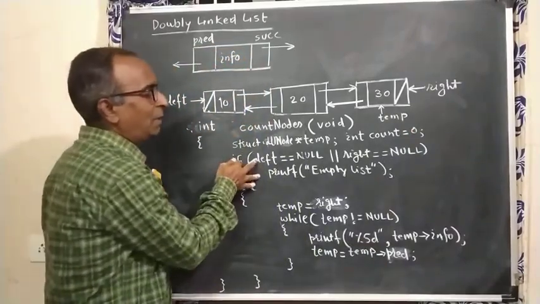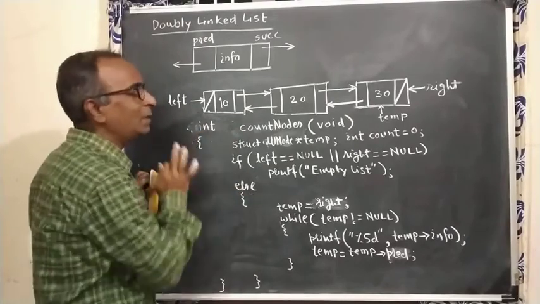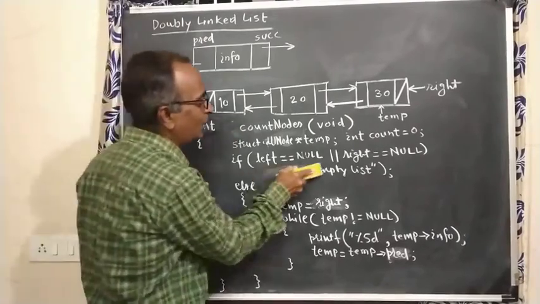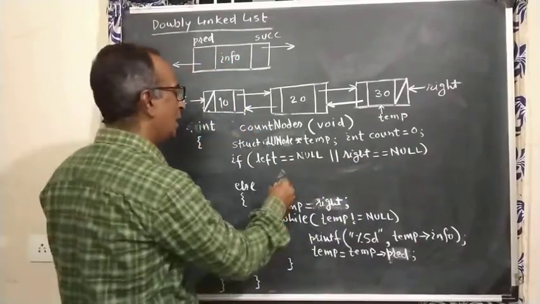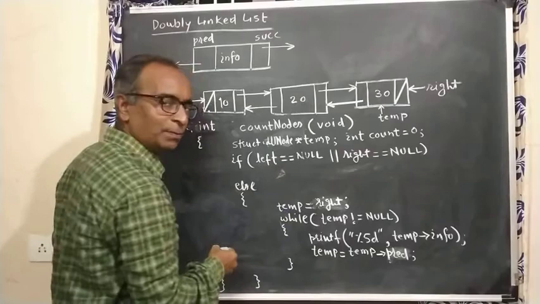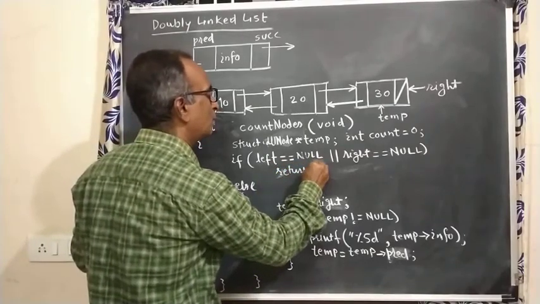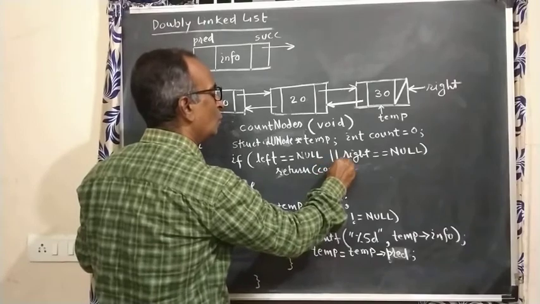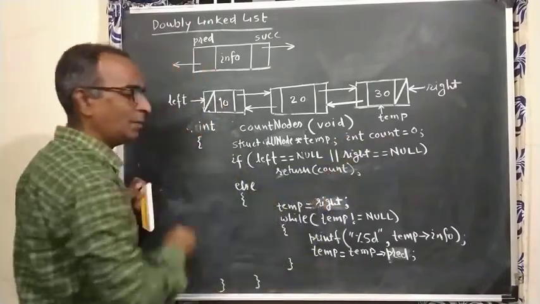Now if the linked list is empty, what will happen? Instead of printing empty list here, if the linked list is empty, I'll say return count. What is count initially? 0. That will be returned.